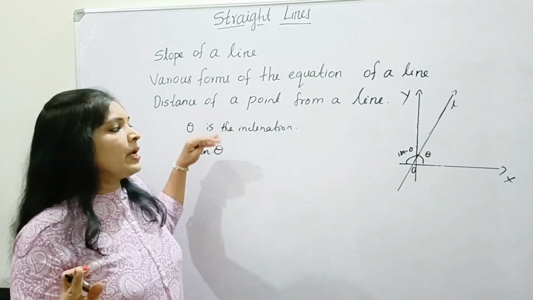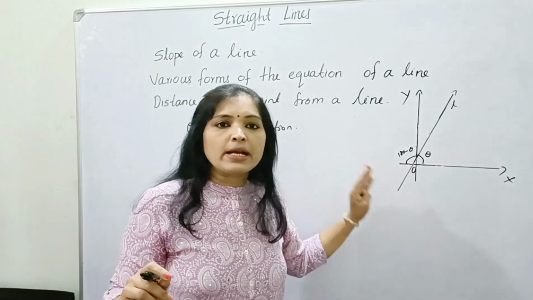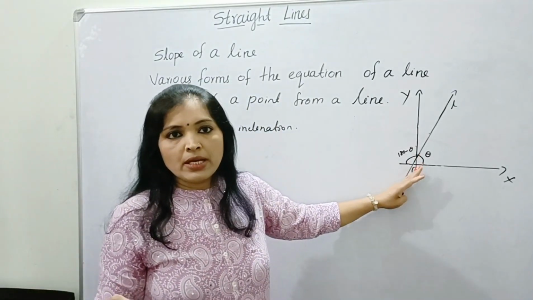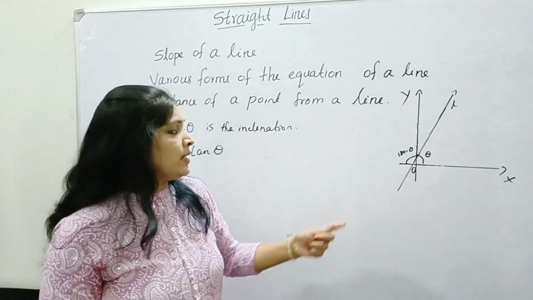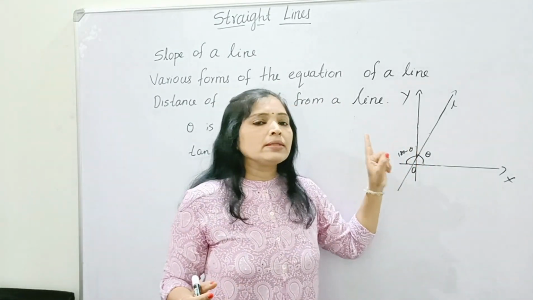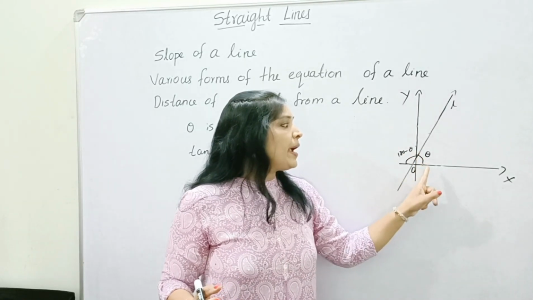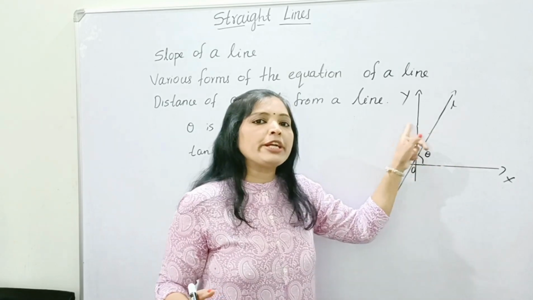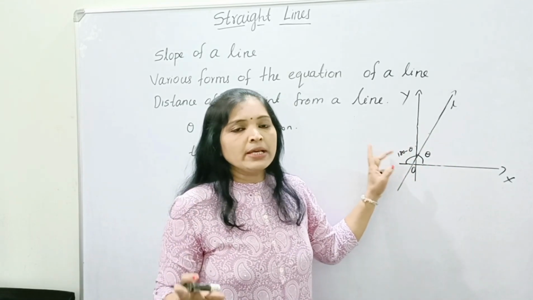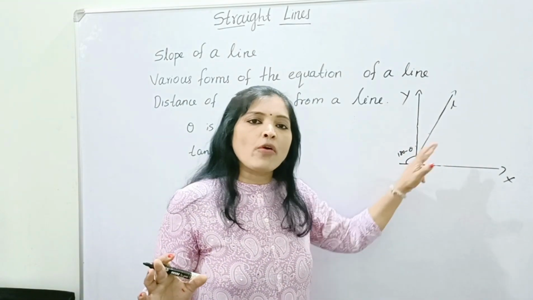Remember, if theta is the inclination of the line, what is the inclination? It is the angle made by the straight line with the positive x-axis and measured in the anti-clockwise direction. That angle is called the inclination of the line.